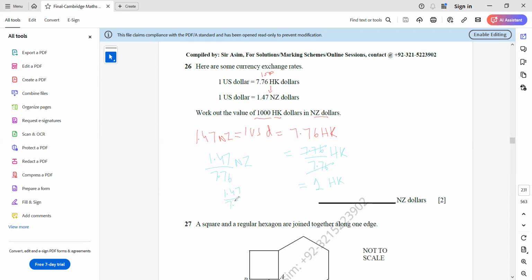1.47 divided by 7.76. When you need this value for 1000, you need to multiply it by 1000. So simplifying using your calculator, 1.47 times 1000, 1470 divided by 7.76, which is 189.43.